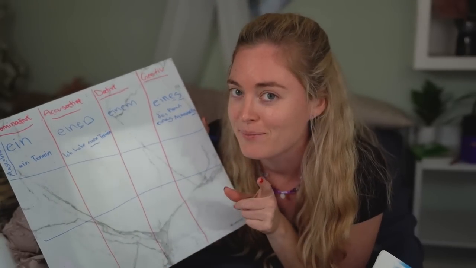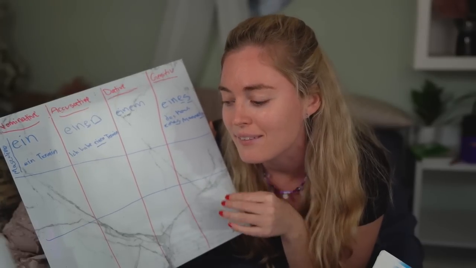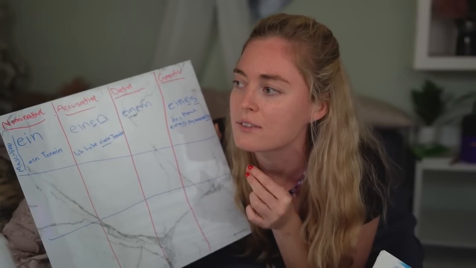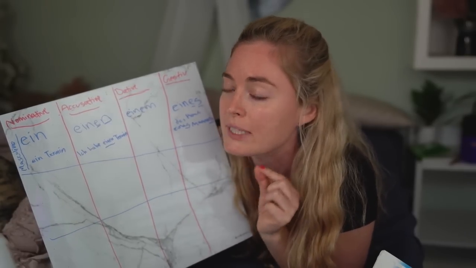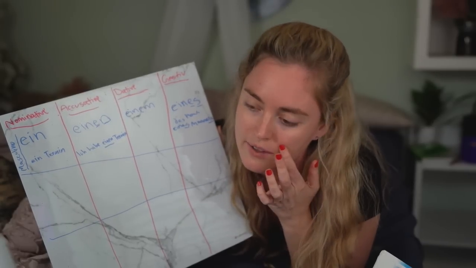All I know is that this is called Genitive unbestimmte Artikel. The unbestimmte Artikel is when it's a, and if it's a bestimmte Artikel, that's when it's the. So der, die, das, and all that.